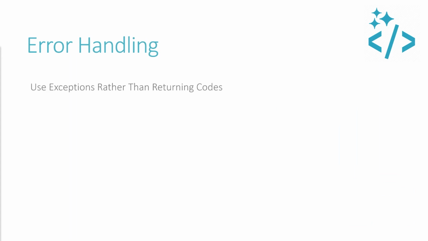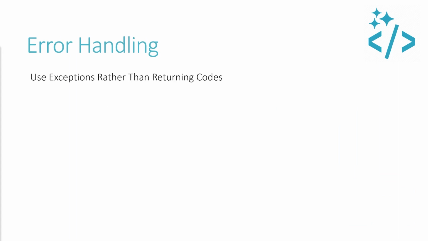Good. Next, we're going to see how error handling should be done. We discussed using exceptions rather than returning error codes. Using exceptions lets us focus on the business logic, so we do not do all this checking and returning of error codes. Instead, we catch the exceptions in a central place, a layer above.